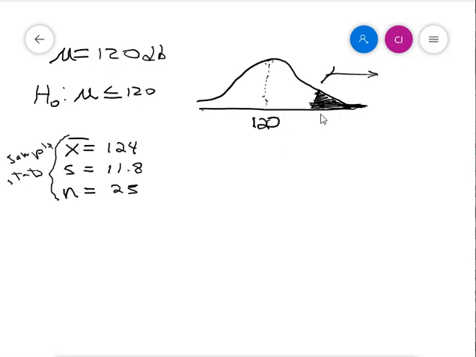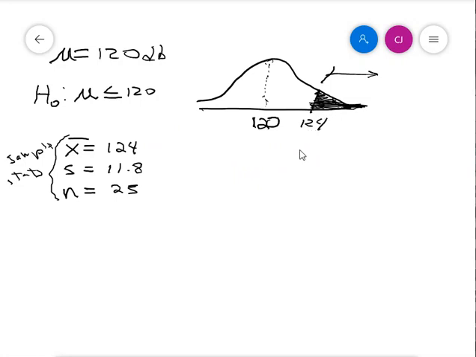So we got 124. Let's take a look at this. 124. Man, that's high, right? I'd like to reject that. That's way too high. Well, it's not up to me for my own opinion, right? We can see right away 124 seems too high, but statistically speaking, is that far away?